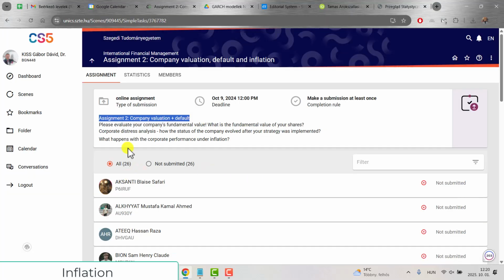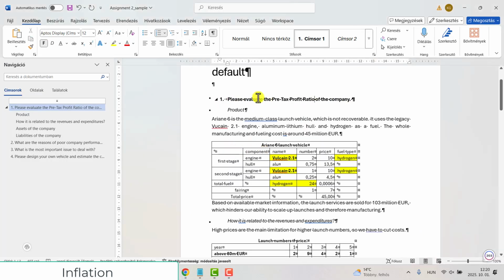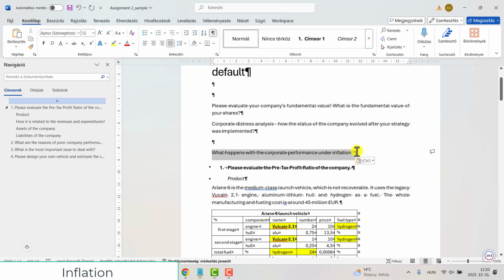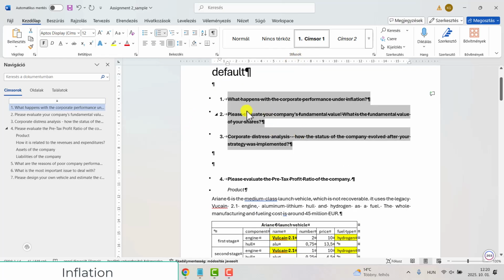So the question is the following. Maybe I would change the ordering here. So first of all, we should explore what happens under inflation, and then the fundamental value, then distress analysis. So all these three things should be added there.